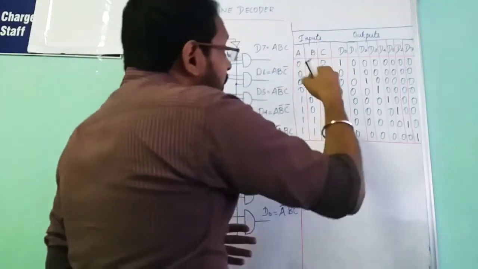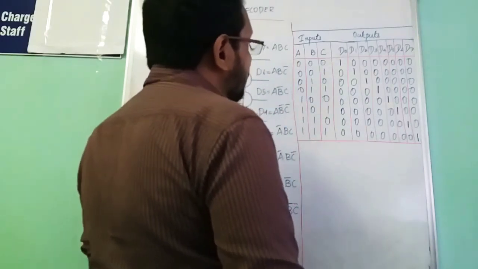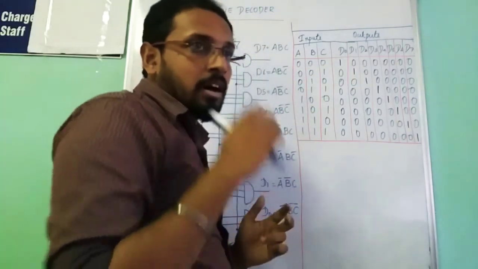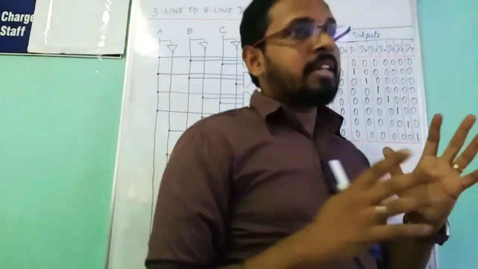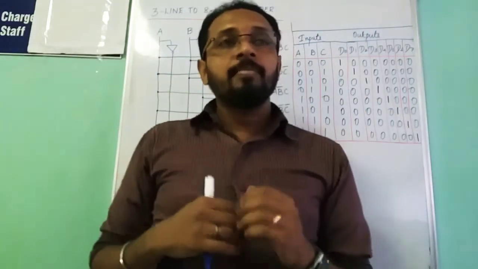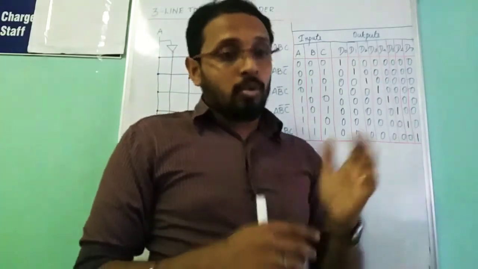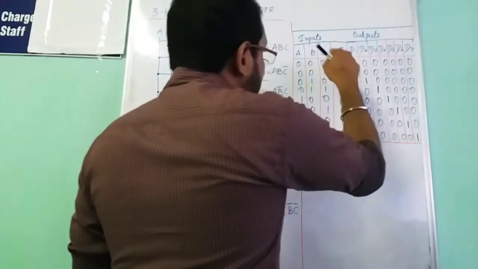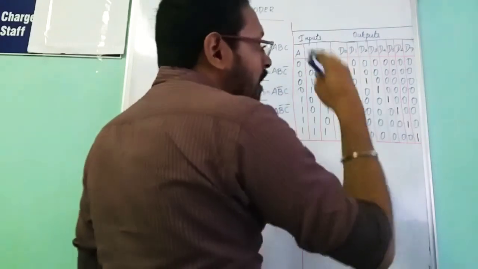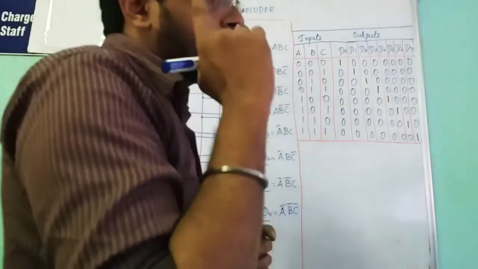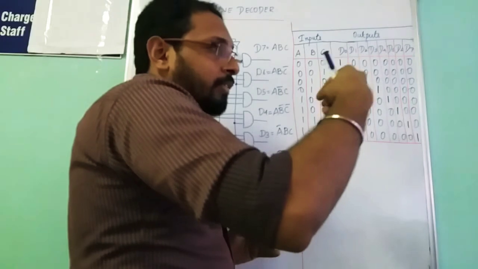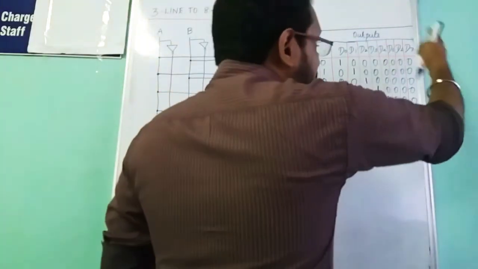So when we construct this truth table, when the 3 inputs A, B and C are all zeros, D0 is 1. D0 is the only output that is active. As told in the definition of a decoder, there are 8 outputs.